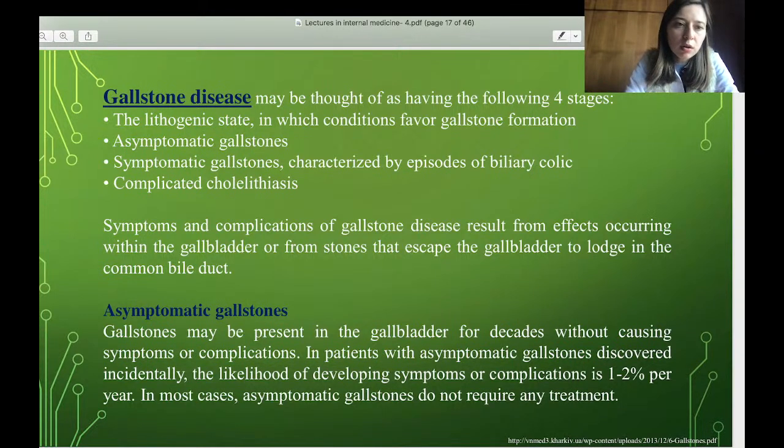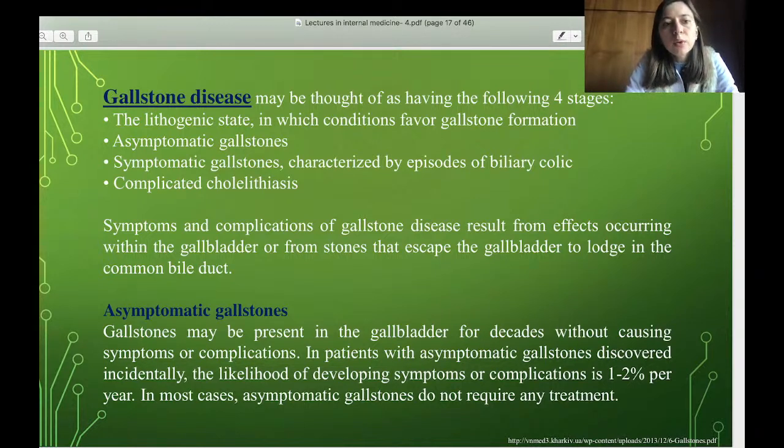And last, or fourth, complicated cholelithiasis. Symptoms and complications of gallstone disease result from effects occurring within the gallbladder or from stones that escape the gallbladder to lodge in the common bile duct.